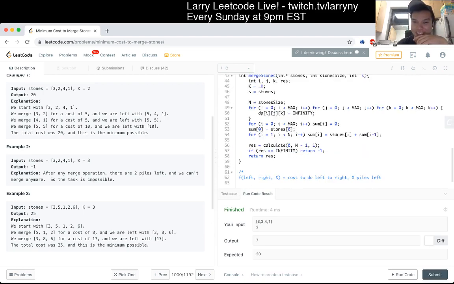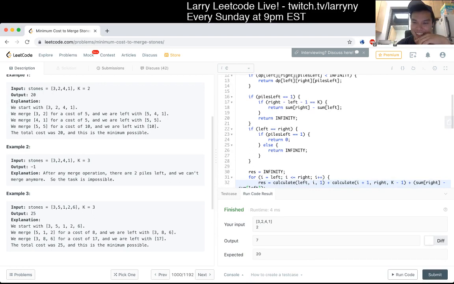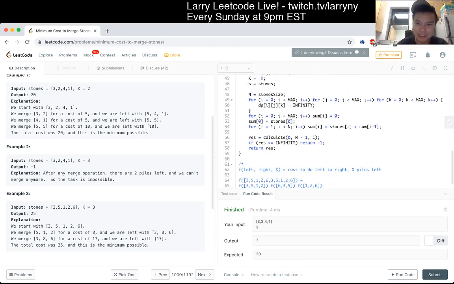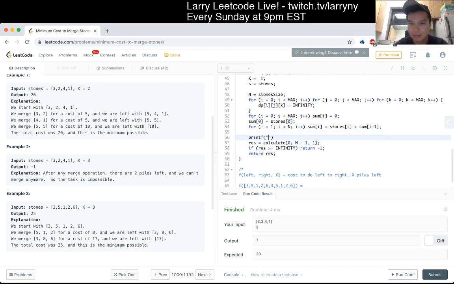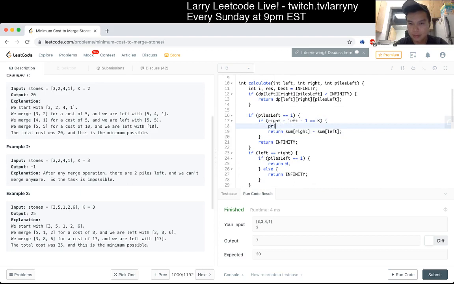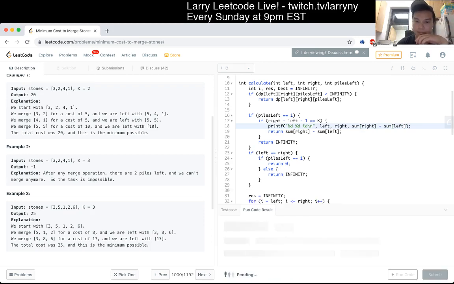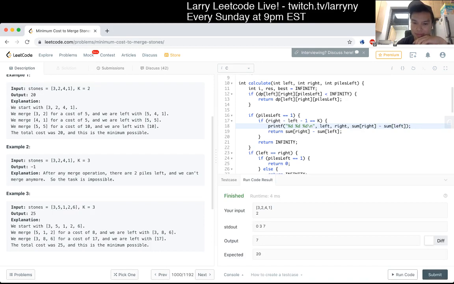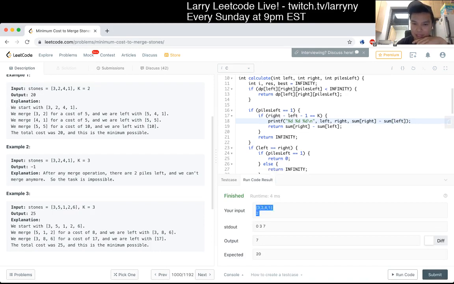Yeah, okay, well, let's just print something real quick. Let's go to 3 is 7. That's clearly not right. I'm off by 1.